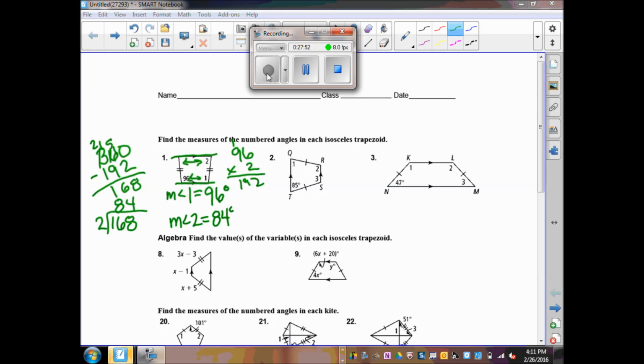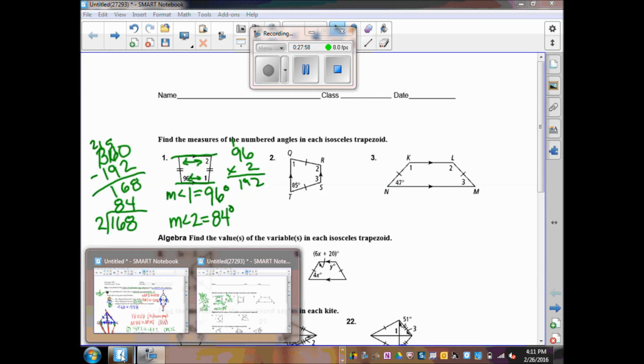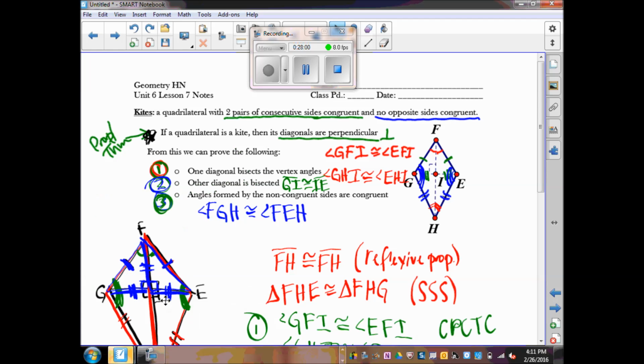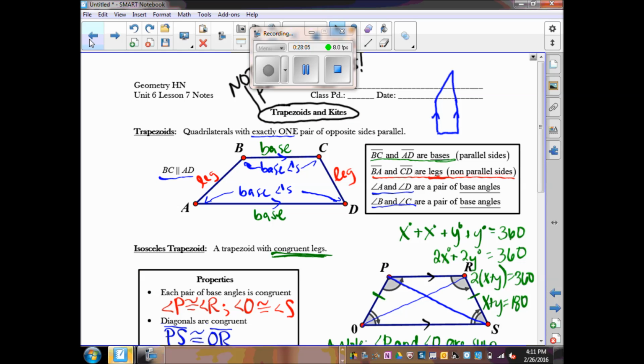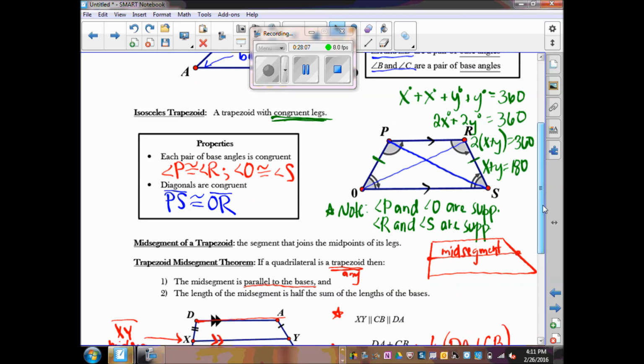Okay, now we went through all that work, but remember the note we wrote about isosceles trapezoids? For an isosceles trapezoid, I made you write in the note that one angle from each set of base angles is going to be supplementary. So that's where this is helpful.